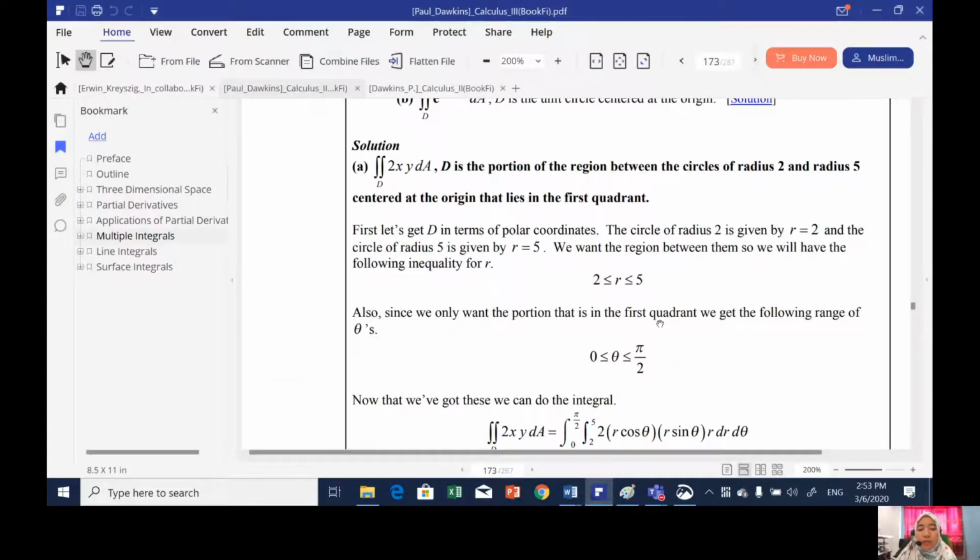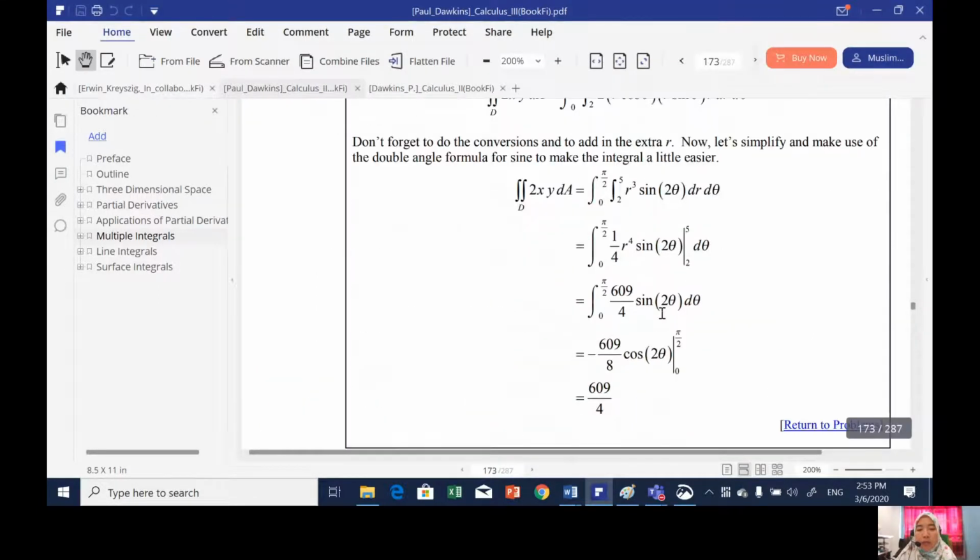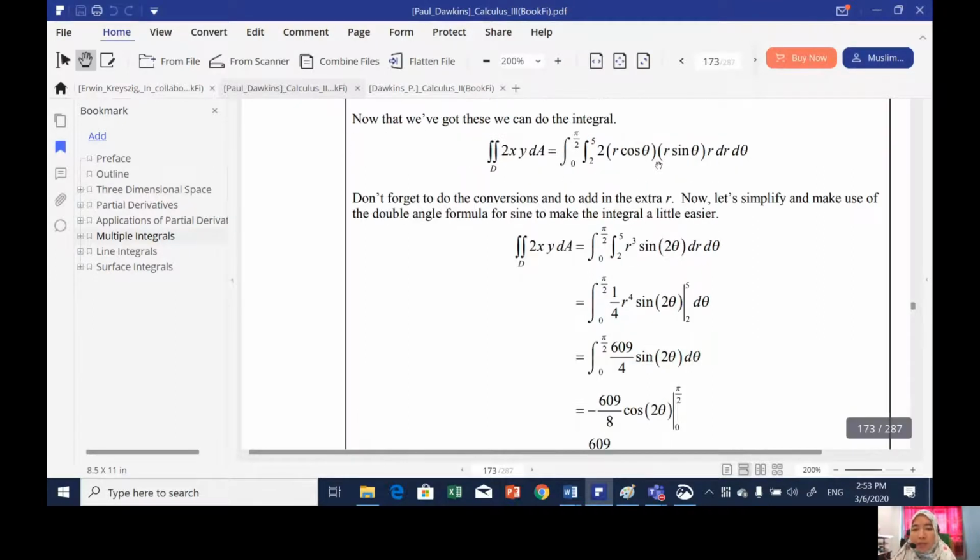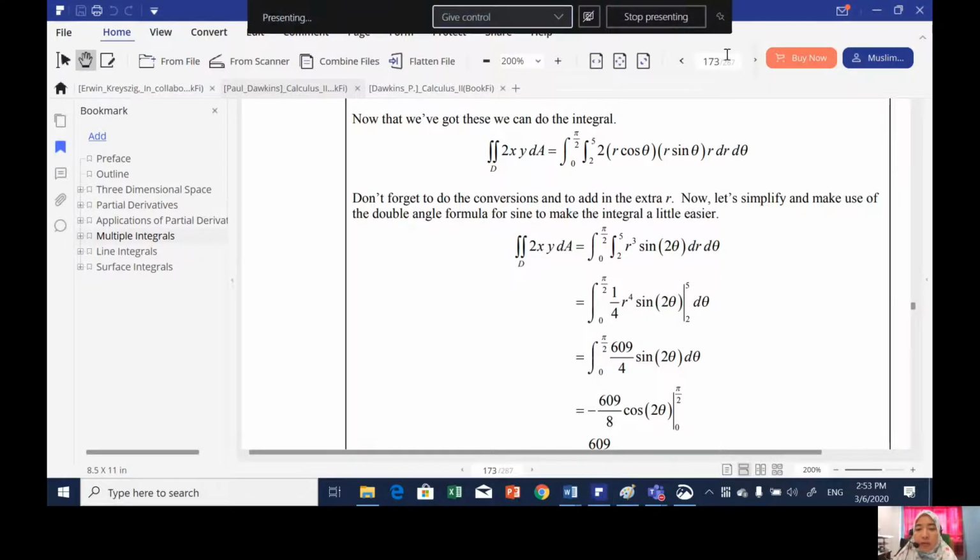Once we identify and convert the double integral, we have this part. Previously we had r cos theta and sin theta, right? 2r cubed, previously already written, so we just combine r and r. The sin theta cos theta, we have to convert using trigonometric identities into sin 2 theta.